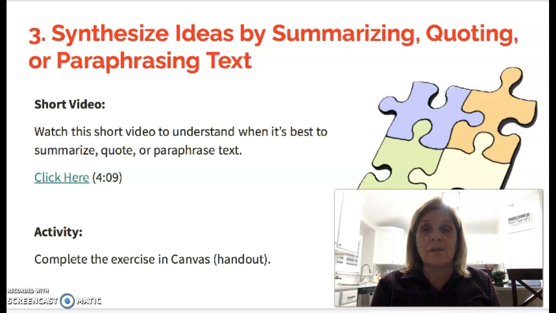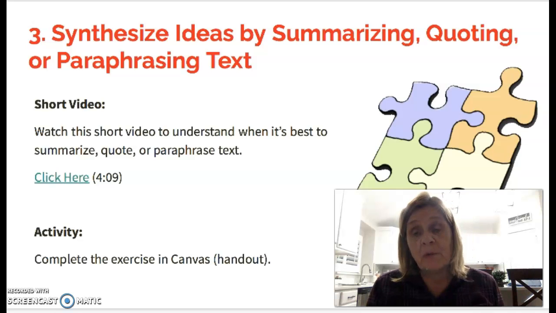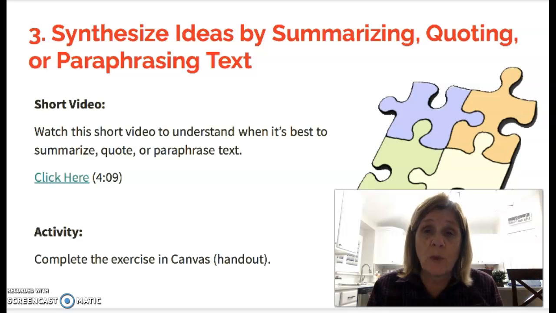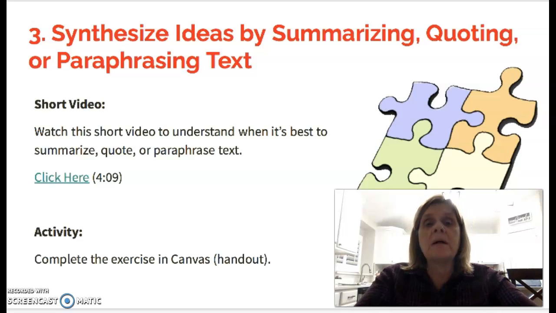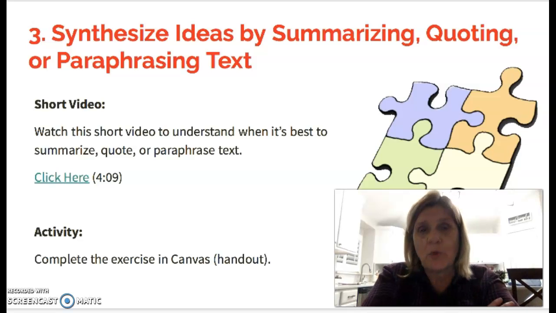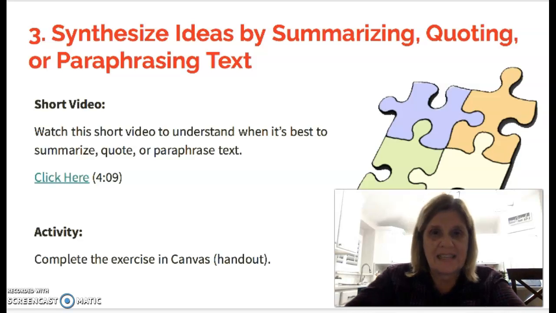So I'm not saying to move the entire paragraphs over into your research paper, but in a couple of paragraphs, it would be okay to do that. So you have to find out when it's good to summarize versus quote versus paraphrase. I'm giving you an unsung rule in this class that you cannot go over 15% plagiarizing. That means you have to limit your quotes extensively.